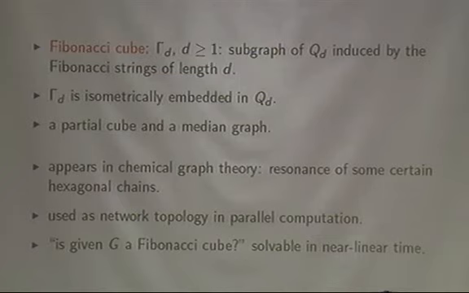The last remark: given a graph, whether it is a Fibonacci cube or not can be decided in near linear time. It's not straightforward how to do it, as we will see later, because some related problems are NP-hard. But this one is decidable really quickly.